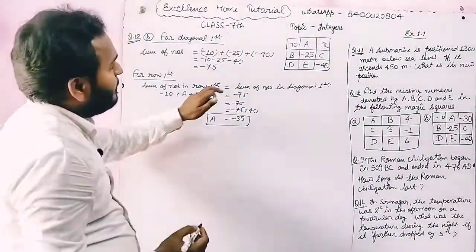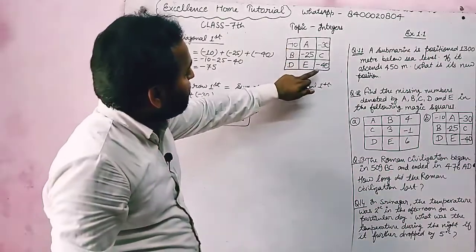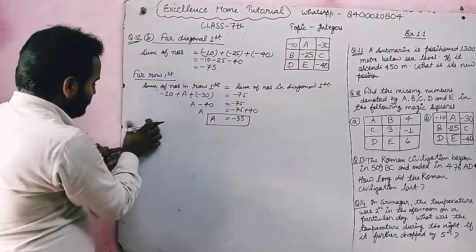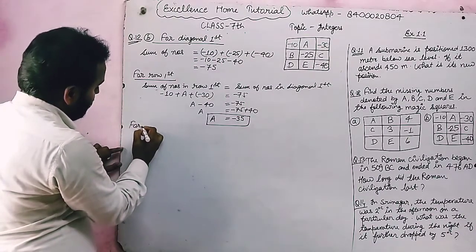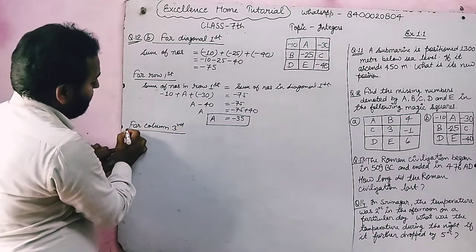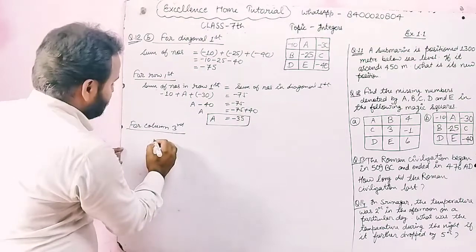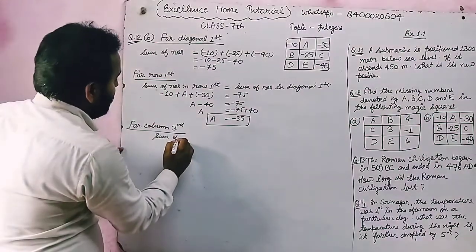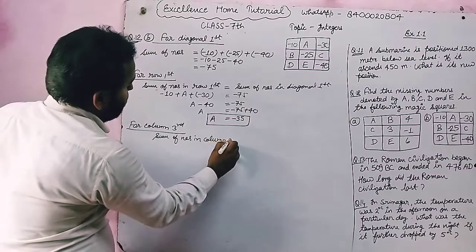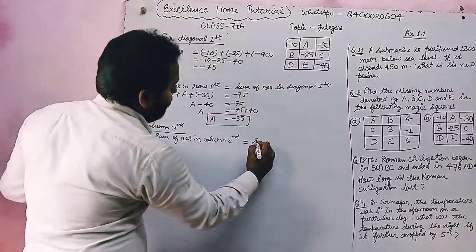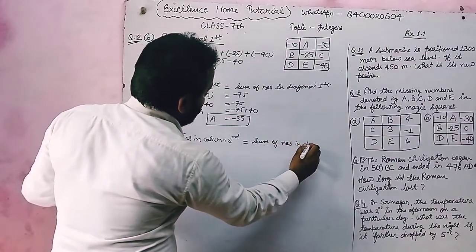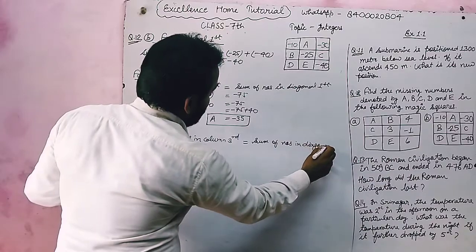So for the next question, column third. For column third, the sum of numbers in column third equals the sum of numbers in diagonal first.